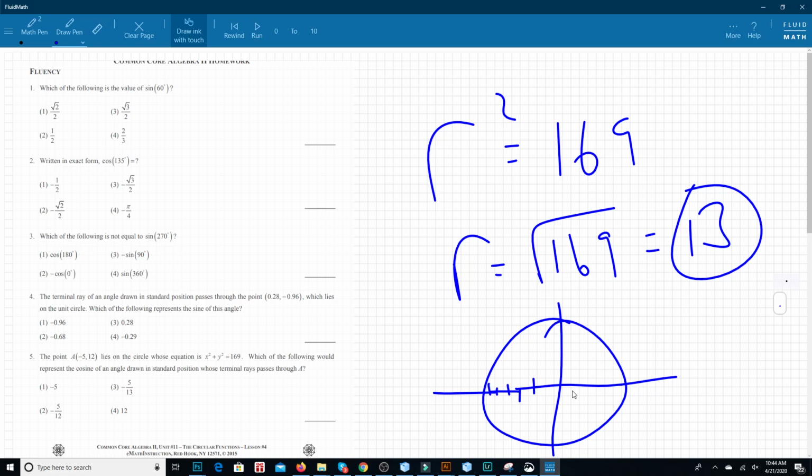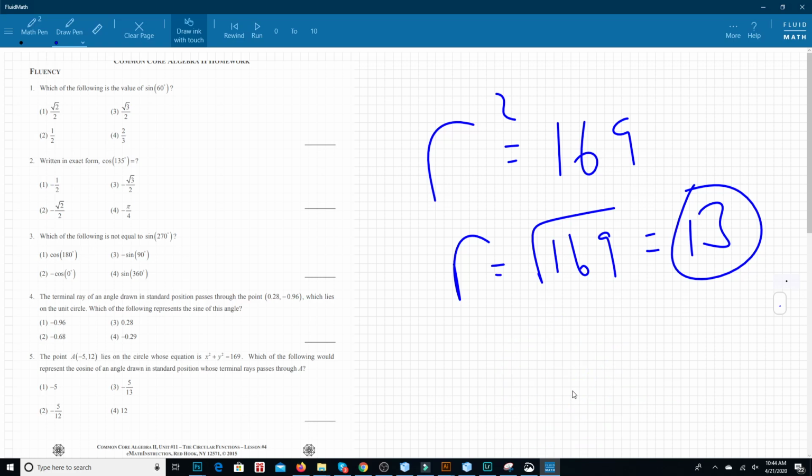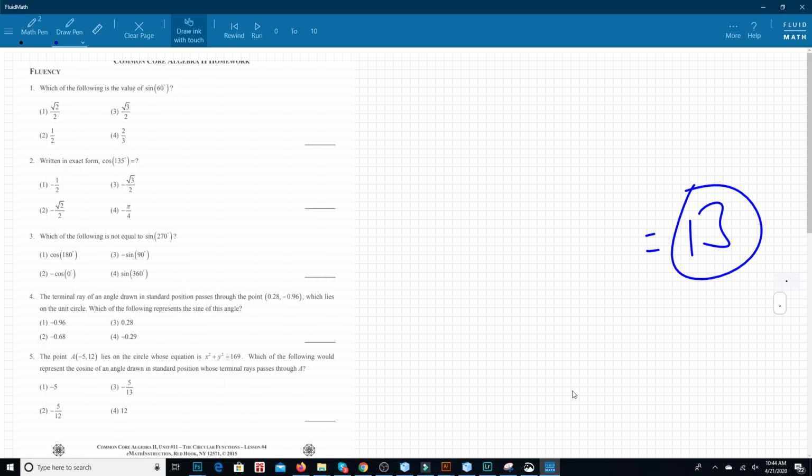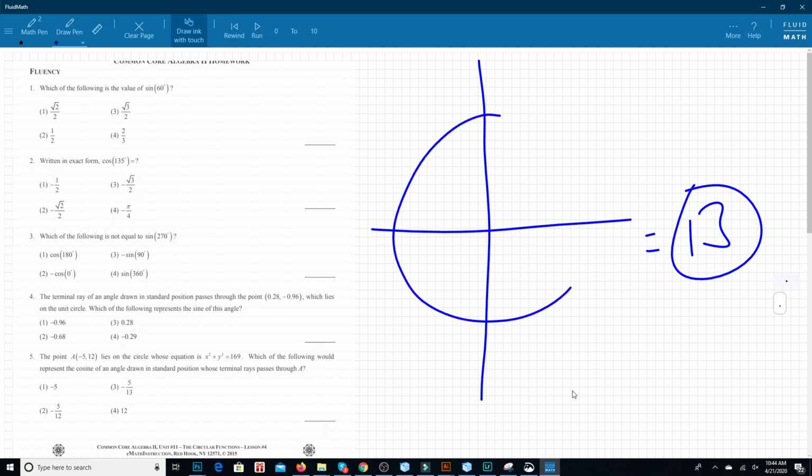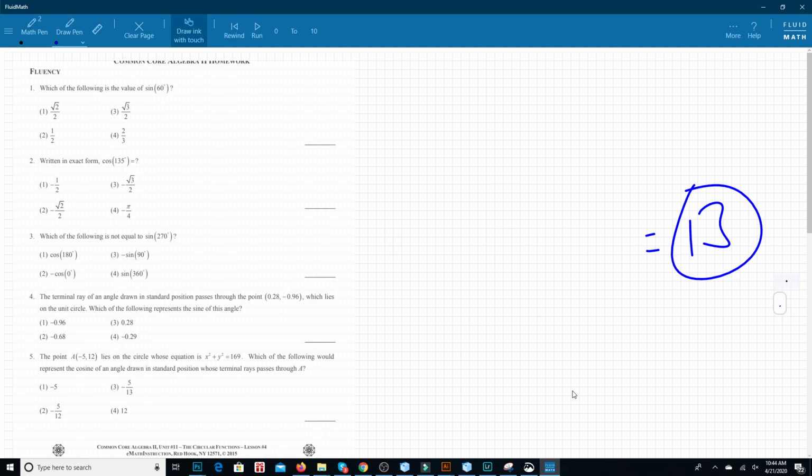And 12. Let me redraw that for you guys. We know that r is 13. Let me redraw that. It's probably going to cross it out there. This thing sucks bad.